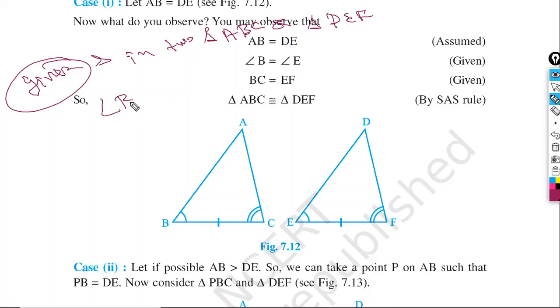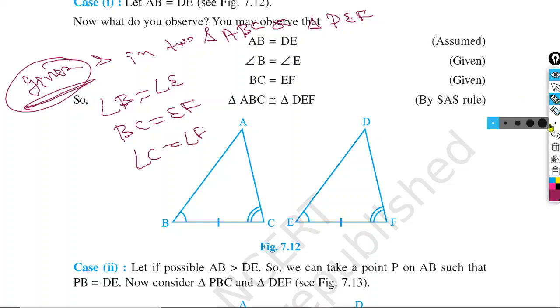Angle B equal to angle E. This is given to us. And BC equal to EF. Angle C equal to angle F. Please write the given part. Okay, now given is complete.